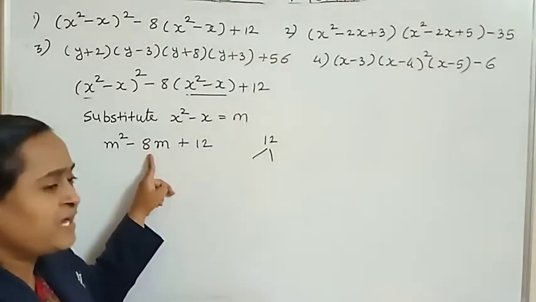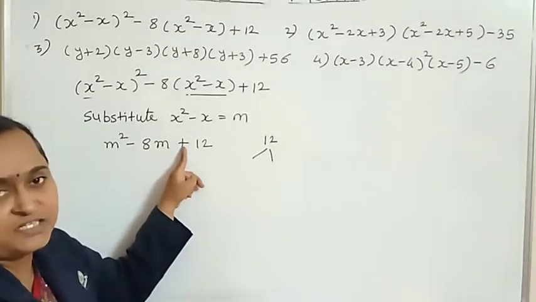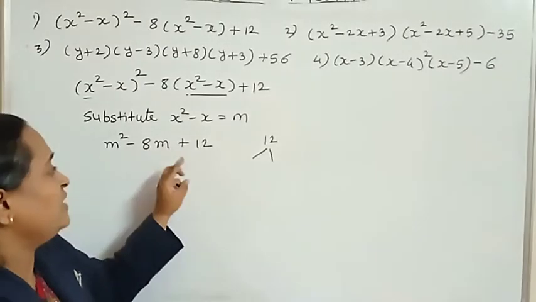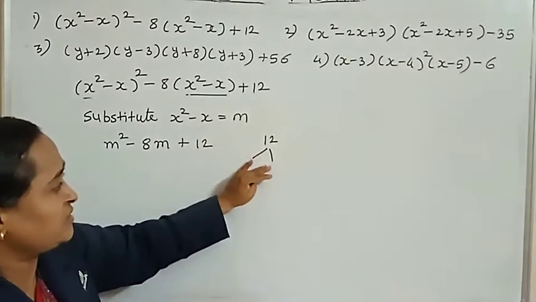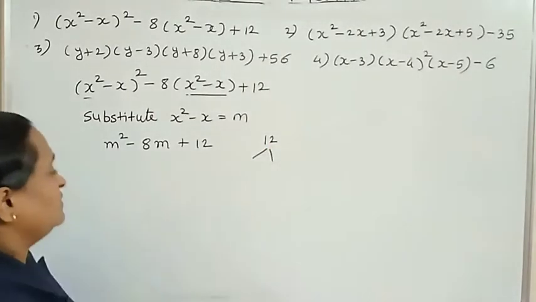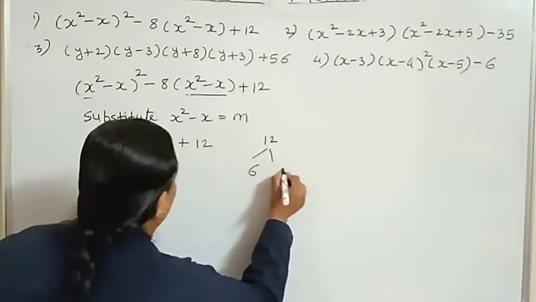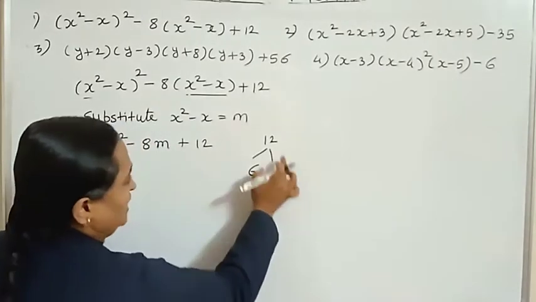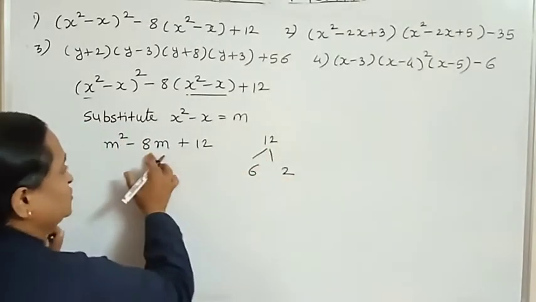Why addition? Because the third term is positive. Then the two numbers are 6 and 2. 6 twos are 12 and 6 plus 2 is 8.